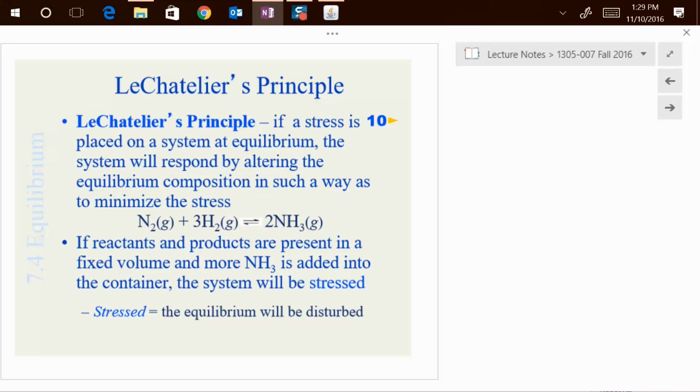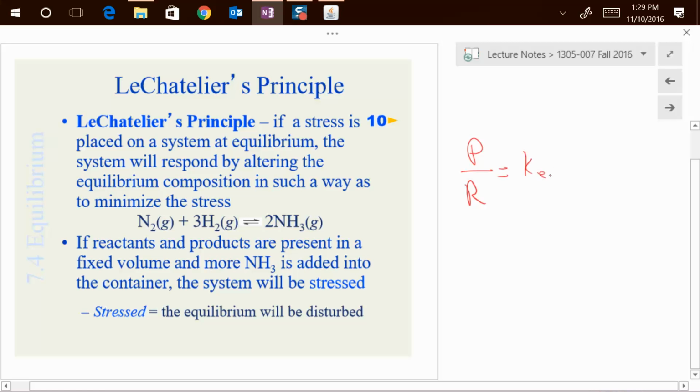So if a reaction is at equilibrium and then I change something, it will change everything else until it can get back to equilibrium. Another way to think of this is my equilibrium constant is a number that stays constant. Let's say my products over my reactants is equal to my KQ.